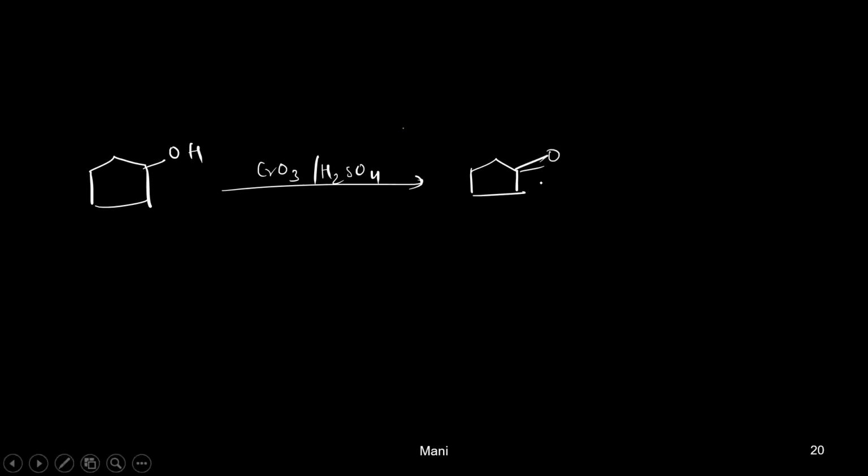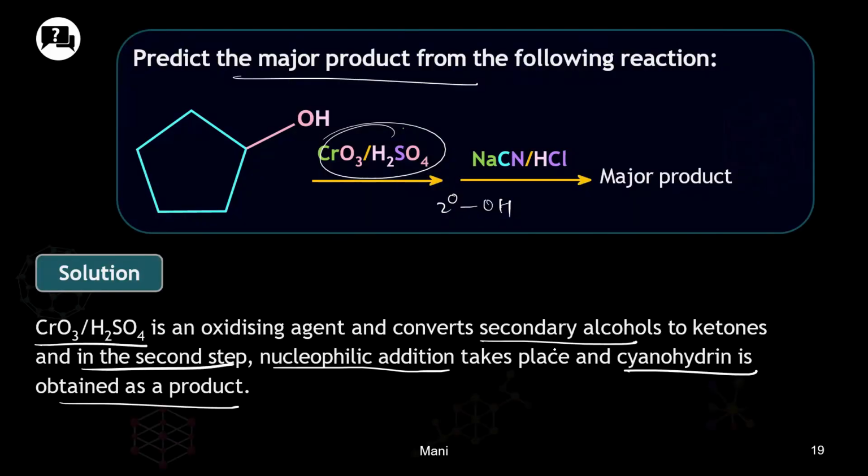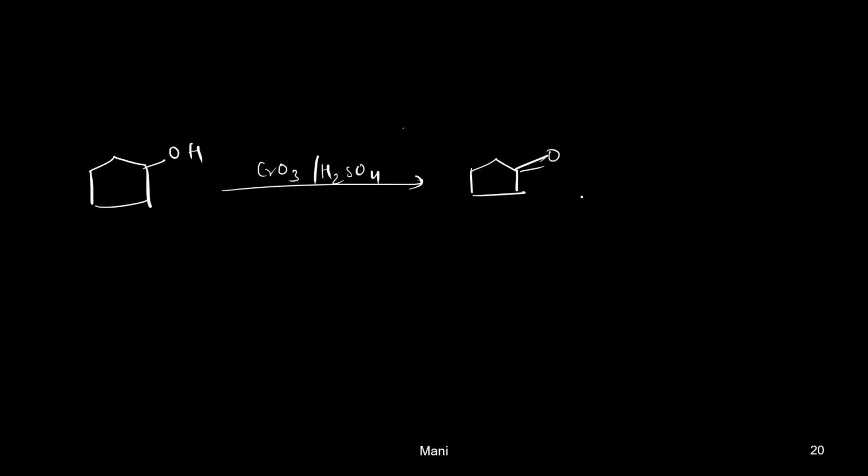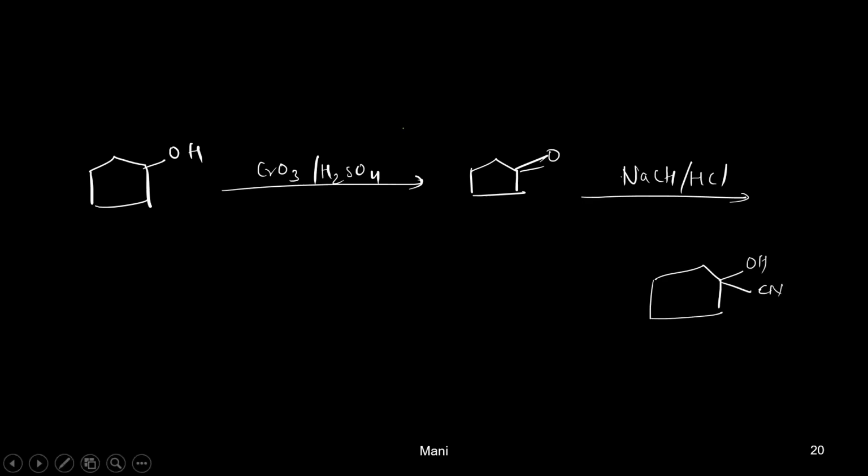Then in the presence of NaCN and HCl, cyanohydrin will be obtained. This will further react with NaCN and HCl and give the cyanohydrin. What is cyanohydrin? OH and CN are attached to the same carbon. So this is called cyanohydrin.